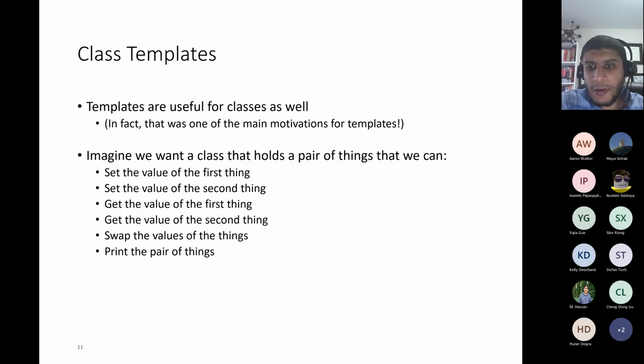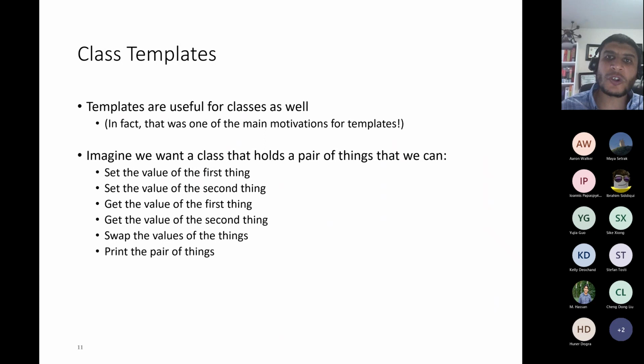Good. So far, we did run an example for templates with functions, right? But templates in C++ are also applicable to classes. In fact, templates came out of the need for specialized classes, right? So assume, for example, just a very hypothetical case where you want to write a class that holds a pair of things.